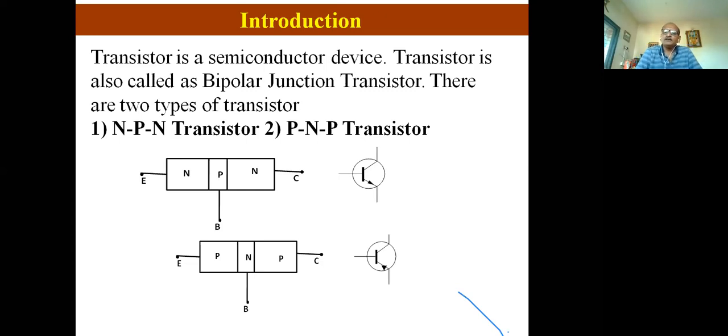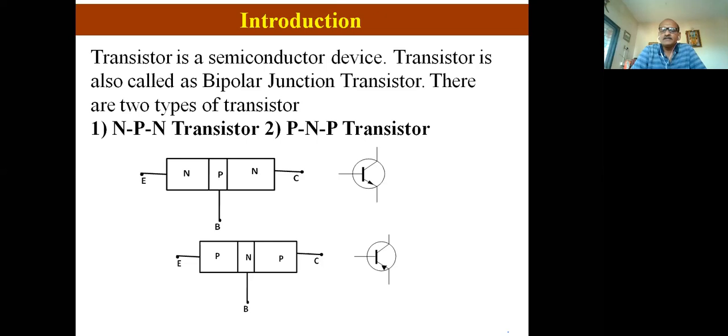In an insulator no current flows, no electrons flow, therefore its resistance is infinite. There are two types of semiconductor: intrinsic semiconductor and extrinsic semiconductor. A semiconductor in pure form, like germanium or silicon, is called an intrinsic semiconductor.